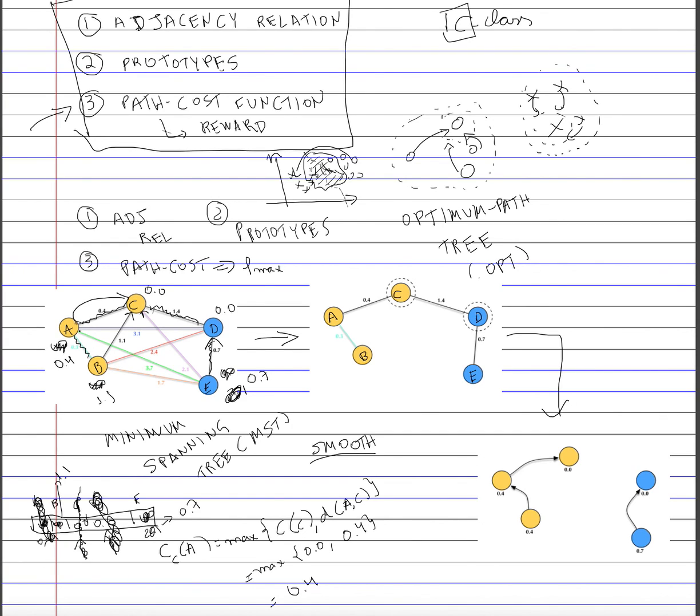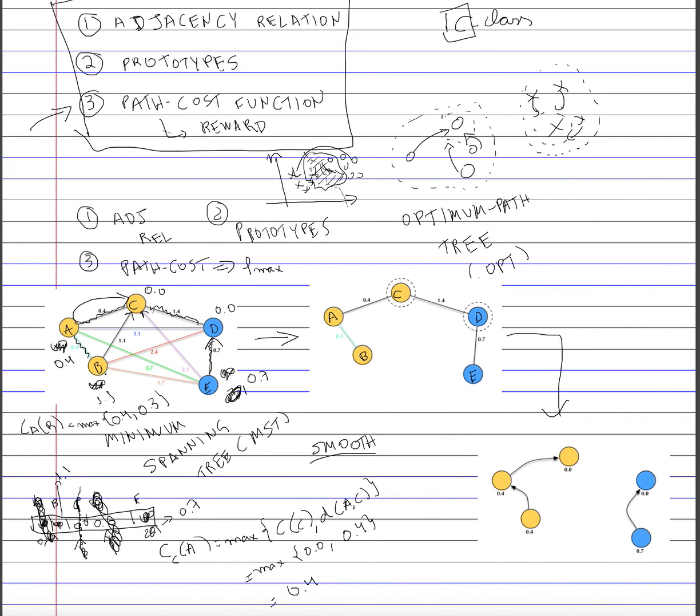And finally, A tries to conquer B. So the cost that sample A is going to offer to B is basically the maximum value between the cost of A, that is 0.4, and the distance between A and B, that is 0.3. So the maximum value between 0.4 and 0.3 is going to be 0.4.